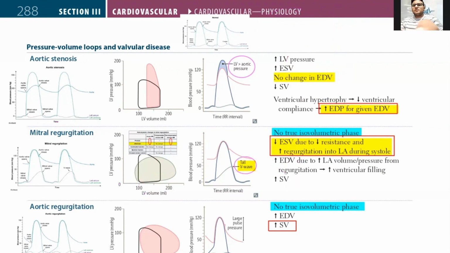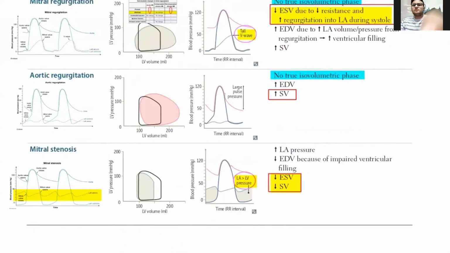The next is aortic regurgitation. What will happen in aortic regurgitation? There will be no true isovolumetric phase, because there is regurgitation from the aorta back into the left ventricle. So the left ventricle is having more blood because the aorta is regurgitant, and in the next phase there will be more blood.